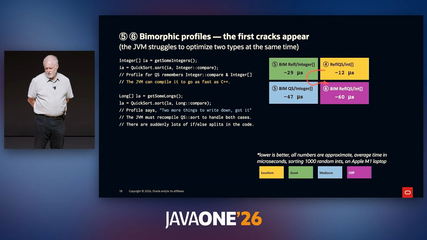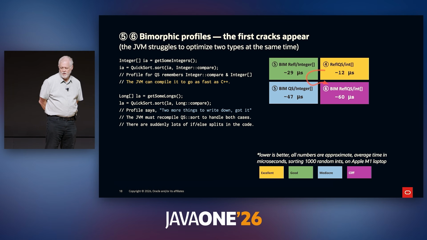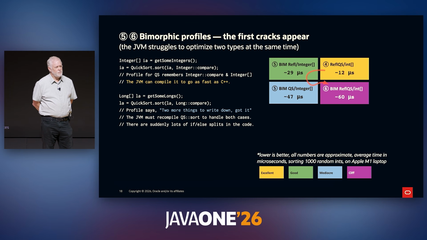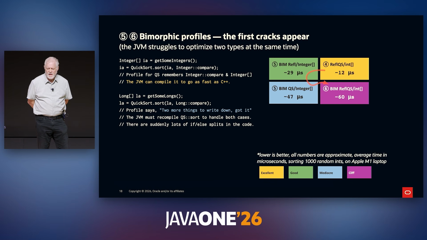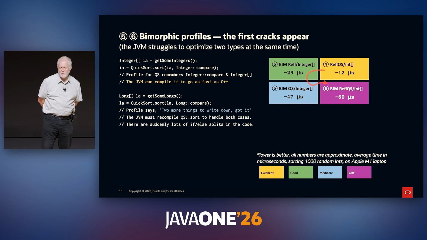My JMH benchmarks suggest that it's 47 as opposed to 12. So it's 4 times slower. That's not a good comparison. But it gets slower the more types you try to force through the optimized code. So something's going wrong. And in the case of working with flat int arrays, my particular code, there's some artifact which fails.